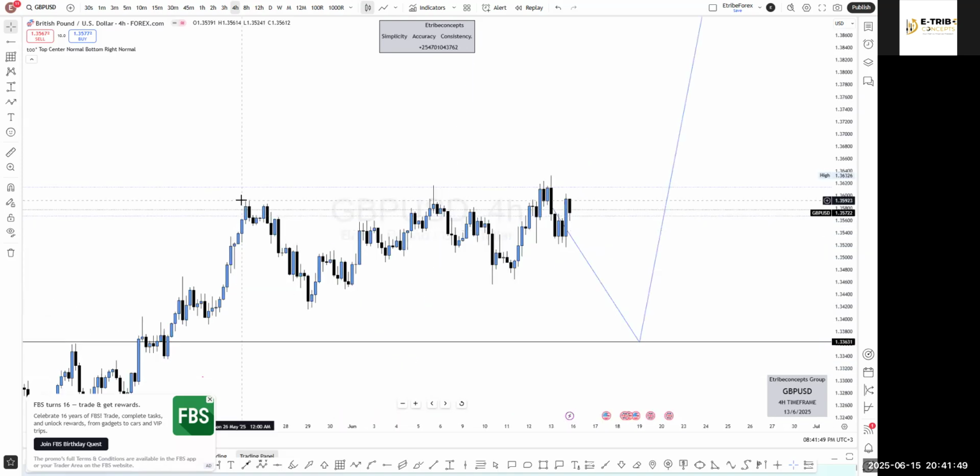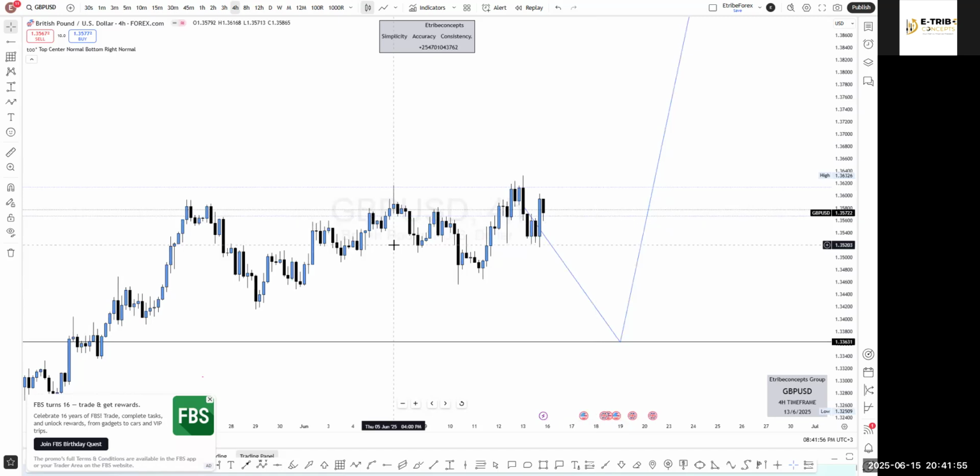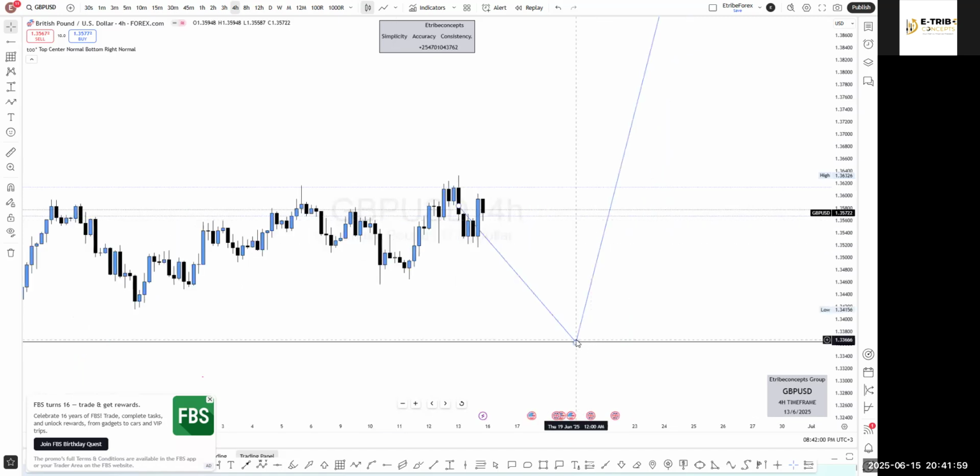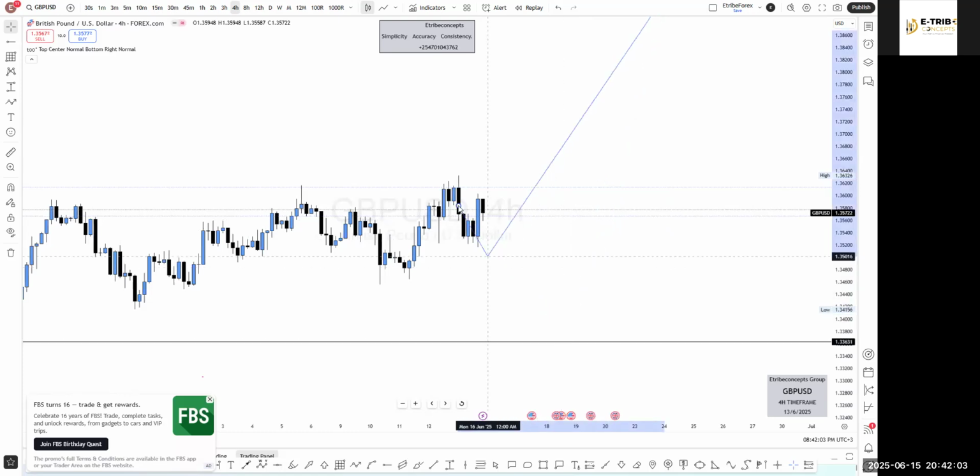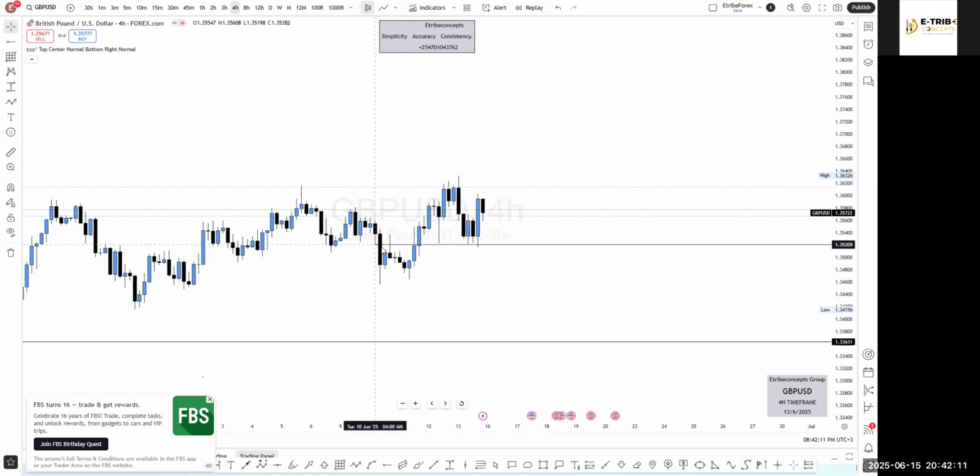We have a break of structure, but this zone has not been broken. That simply means we had liquidity engineering here. Perfect. So there's a likelihood of us not even coming down here soon, unless otherwise. Let me show you something. I'll update the morning session.